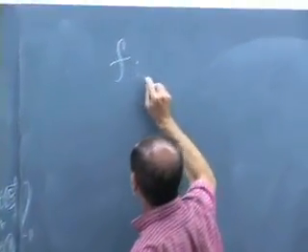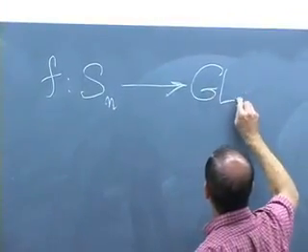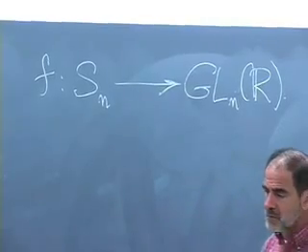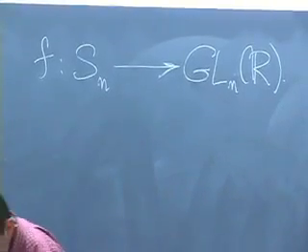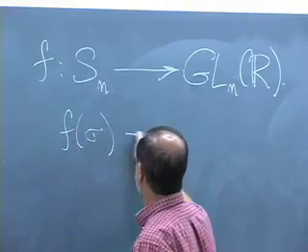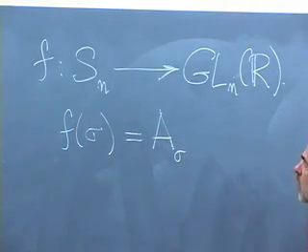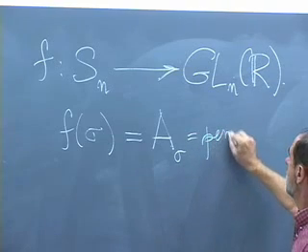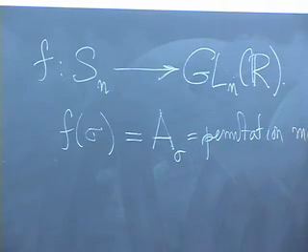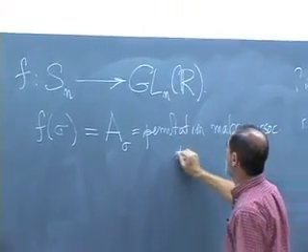So I claim there's another homomorphism from the symmetric group on n letters to the group GL_n(R), which takes a permutation sigma to a matrix A_sigma, which is called the permutation matrix, and I have to define it for you, associated to sigma.